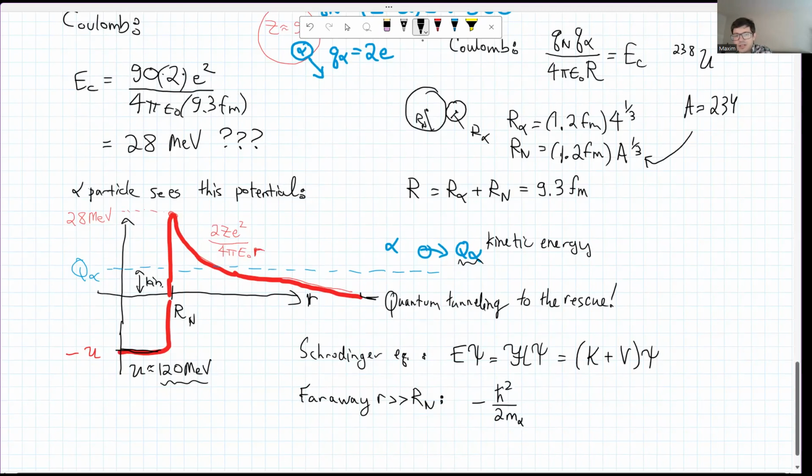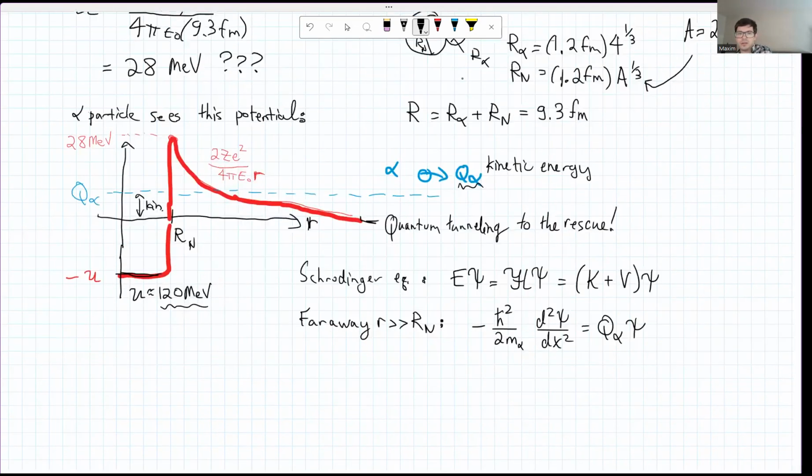So with the mass of the alpha, h bar squared over 2m, the wave function obeys this equation. Pure kinetic energy. You have this term, which is the kinetic energy, and then there's just some number, the value of the kinetic energy, if you wish.